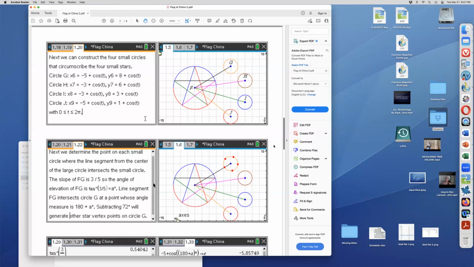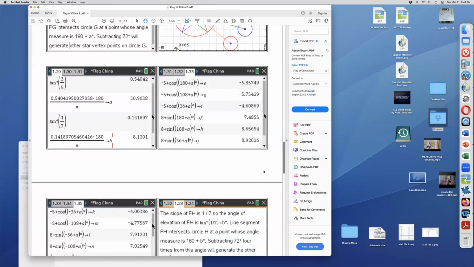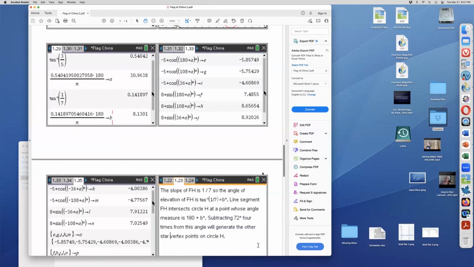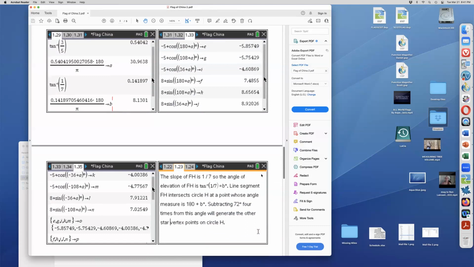And so I have a description of that in the slides below, but then I went ahead and showed for the top circle where those 5 points would be. And then in the slide underneath, it shows how I used tan inverse, stored it in A. Now I have my calculator set in radians all the time. So it gave me a radian answer, and I went ahead and changed it to degrees.